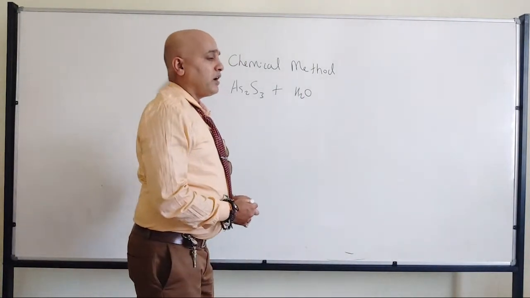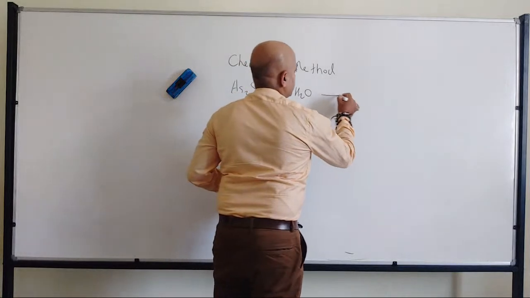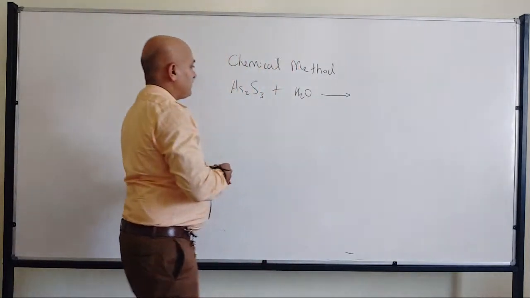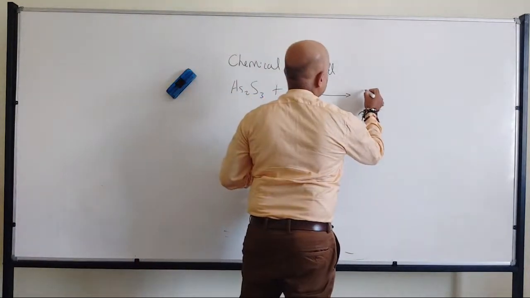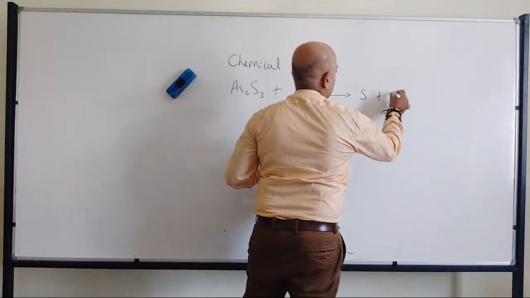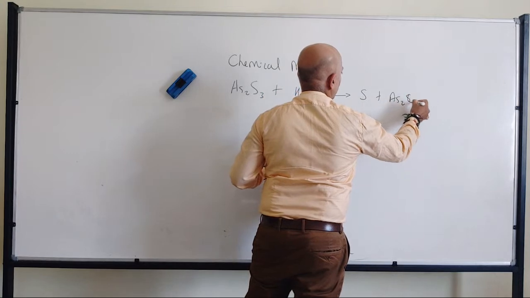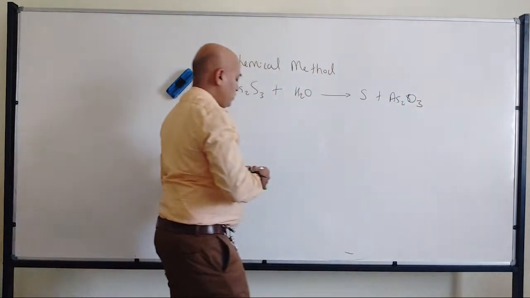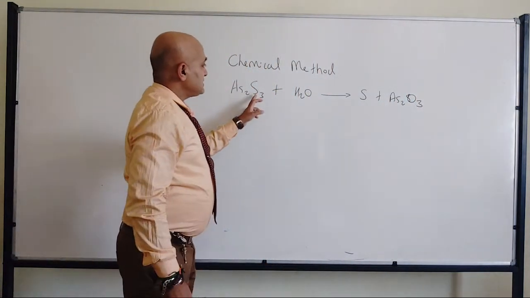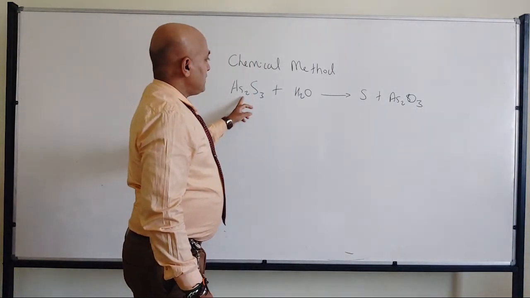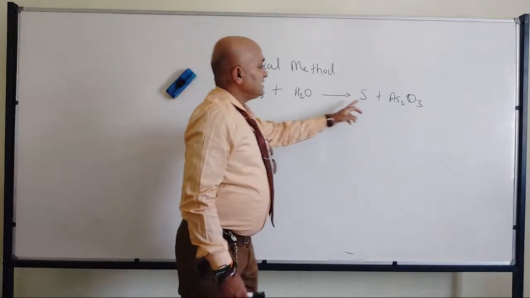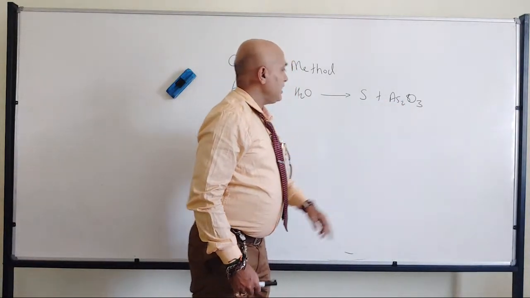arsenic sulfide with water will get converted into sulfur and As2O3. That means sulfur will become free, and the arsenic is going to make bonding with the oxygen.